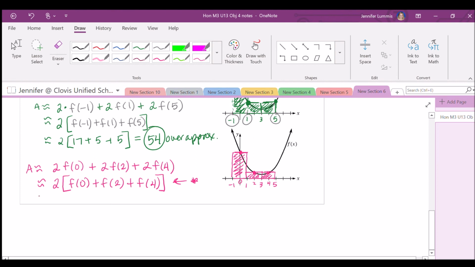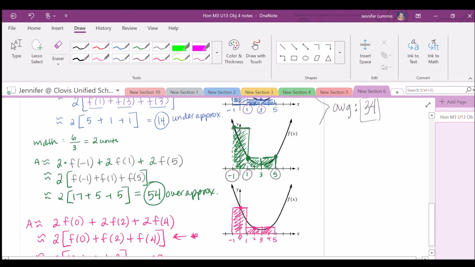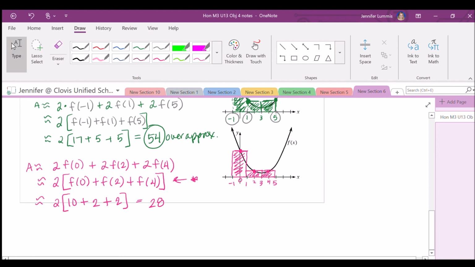So we make our substitutions. f of 0 is 10, f of 2 is 2, and f of 4 is 2. And this comes up to 28. So 34 for the average versus 28 for midpoint. This is our best approximation.